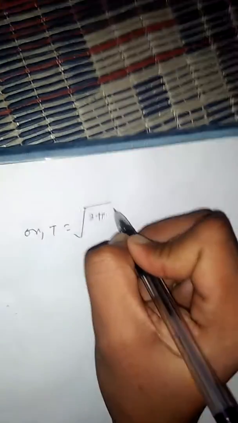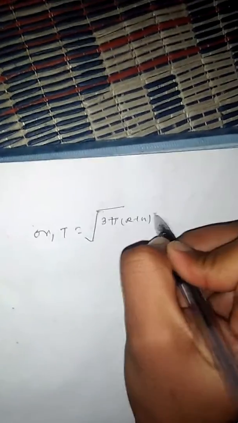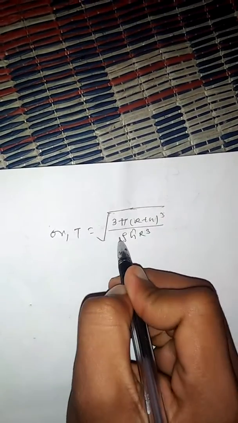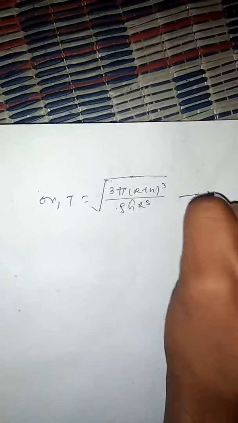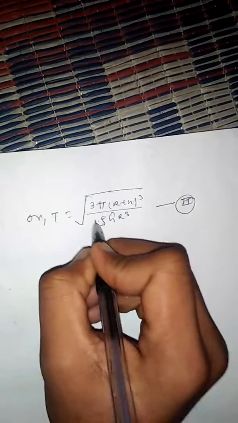Then the time period is equal to root 3 pi (r plus h) whole cube divided by rho g r cube. Here 2 pi and 4 cancel out when they go outside. This is our second equation in terms of the density.